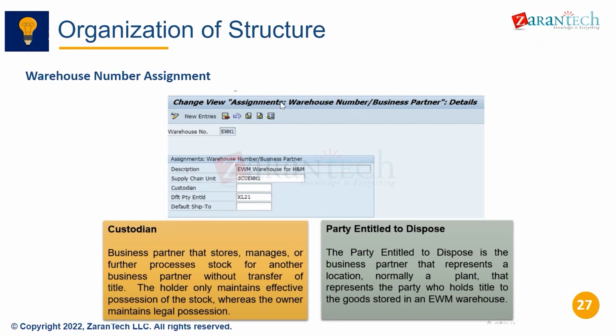But if this is xyz warehouse, just to manage the finished goods that come from the plants, and you are not selling directly to the customer but just moving the stock, then you can have the default ship-to party, so as soon as the stock comes, it will be sent to that particular ship-to location.